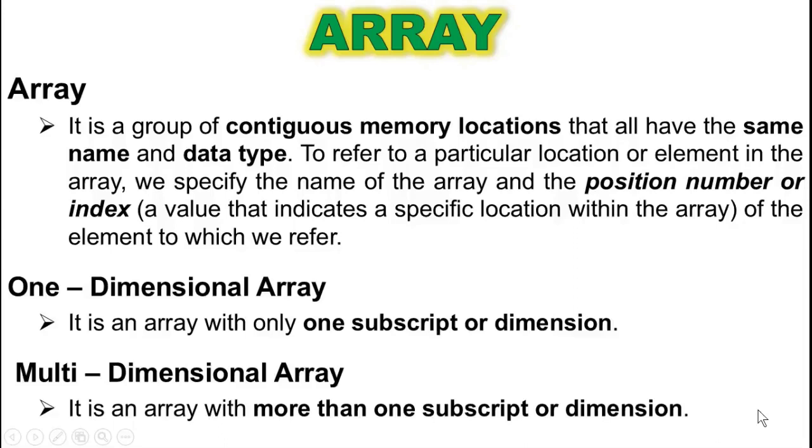There are two kinds of array. One is called a one-dimensional array and the other is a multi-dimensional array. A one-dimensional array is an array with only one subscript or one dimension. On the other hand, a multi-dimensional array is an array with more than one subscript or dimension.